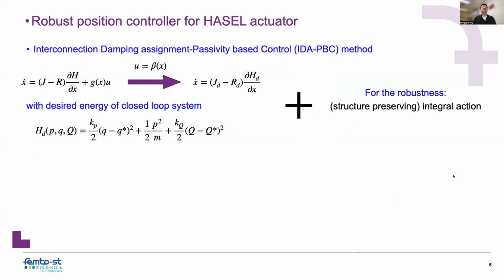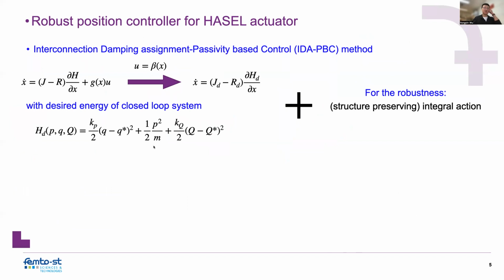And then after the modeling, we use the interconnection and damping assignment passivity-based control, IDA-PBC for short, to design a control law. The idea of this control law is to design a control such that we can map the open loop system to a closed loop system with the desired energy.